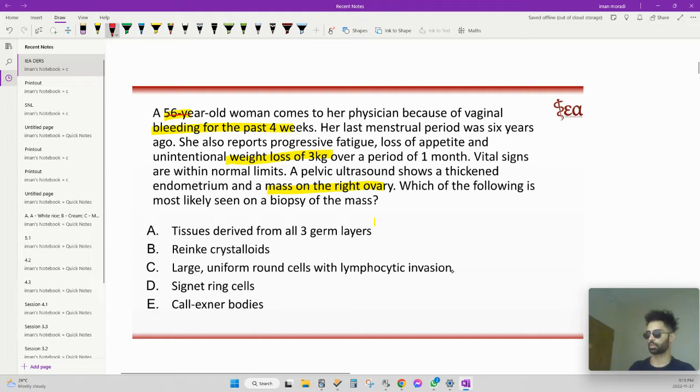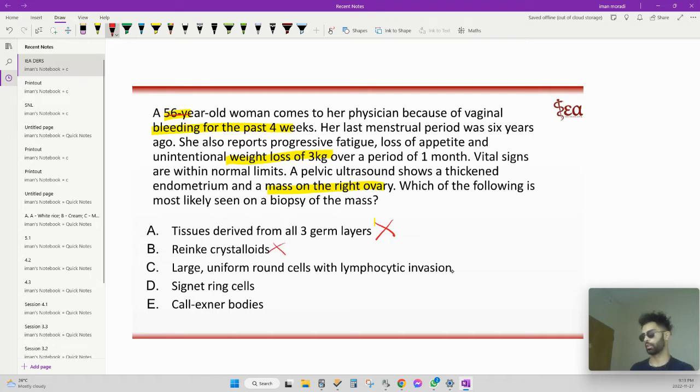So A is a description of a teratoma. A is not it, right? Reinke crystals are for Leydig cell tumors. Leydig cell tumors usually happen in men and produce testosterone, but they can also happen in women. But you would see signs of hirsutism, right?